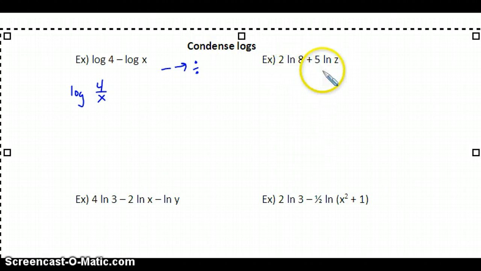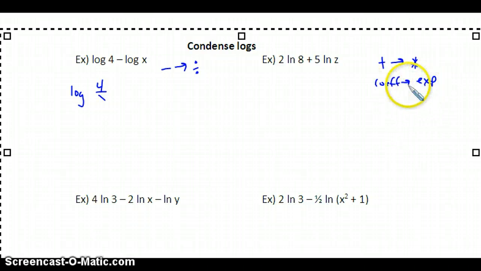So the first log would be in the numerator, the second log would be in the denominator. When I look at this next problem here, I'm seeing addition, so I want to think multiplication. But I also see some coefficients, and I want to change those into exponents first, before I do my addition as multiplication.